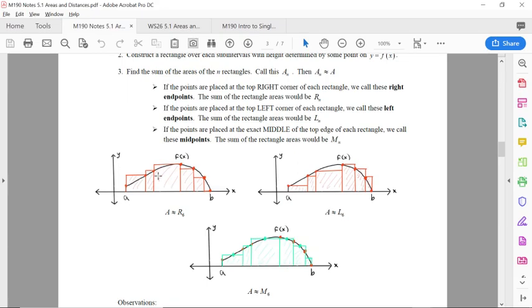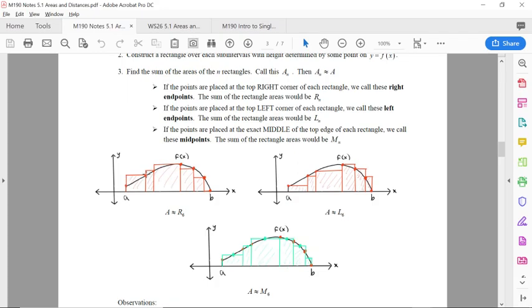Now, speaking more on overestimate and underestimate, as we can observe from any one of these, let's take this as an example. Notice that the function y equals f of x is an increasing function until it gets to this point. If the function is increasing, but we are choosing the right endpoints, just along this segment right here, is it giving us an overestimate or an underestimate?